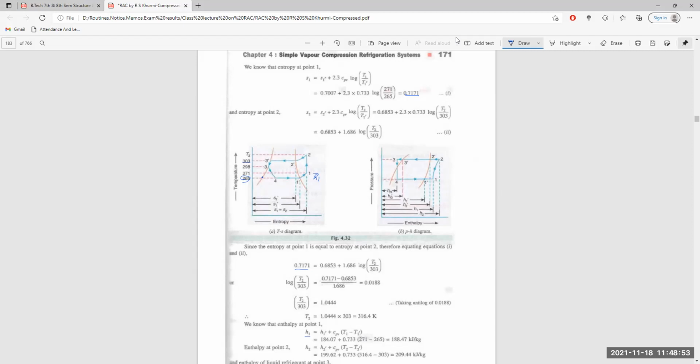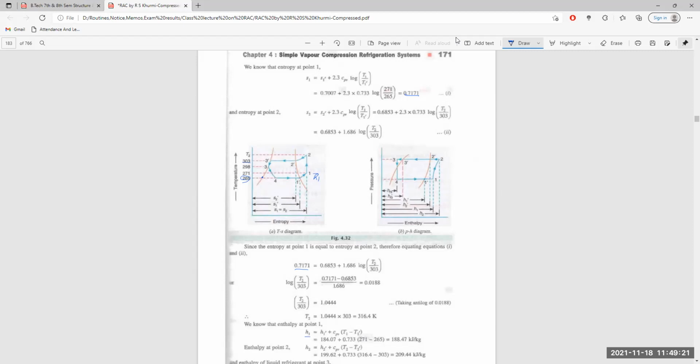We know T1 as 271, T1 dash as 265, and the specific heat of vapor as 0.733, all three are given. The enthalpy at point 1 dash, the enthalpy of the saturated vapor refrigerant on the vapor saturated line, is given as 184.07.